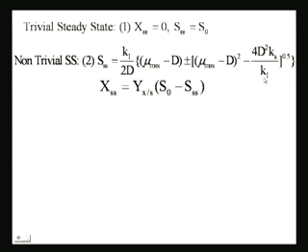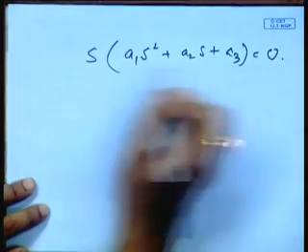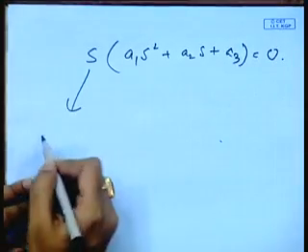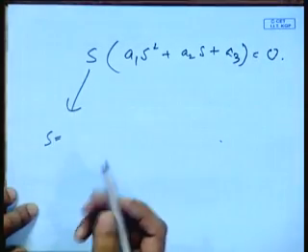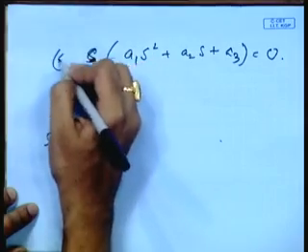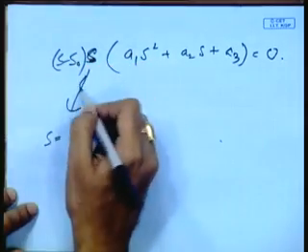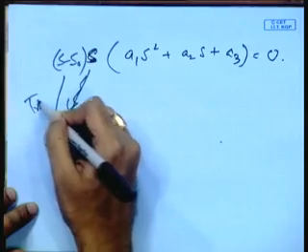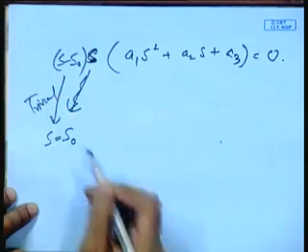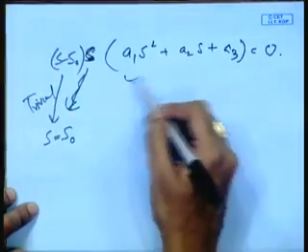So the cubic form will be some s times a1 s squared plus a2 s plus a3 equals 0. So this is the form once you put that. So this will give you, sorry, this is not s minus s naught. So in this part, the trivial solution will give you s equals s naught, and this is the non-trivial part.